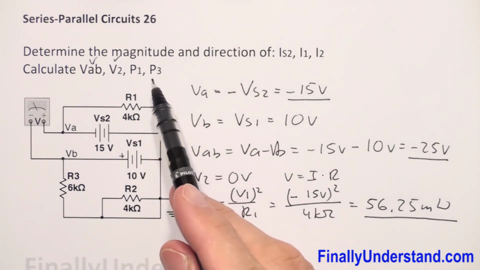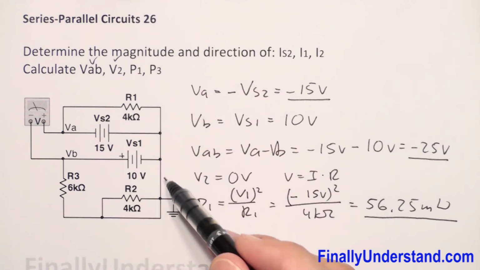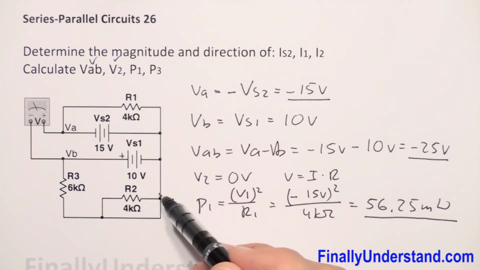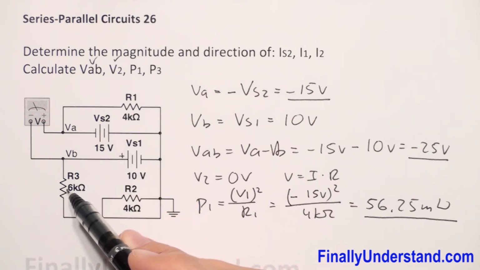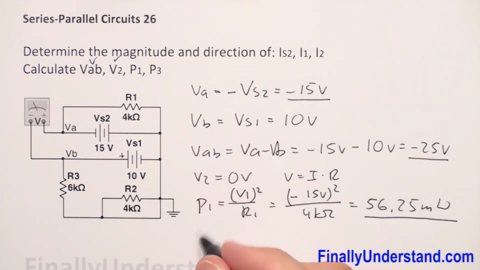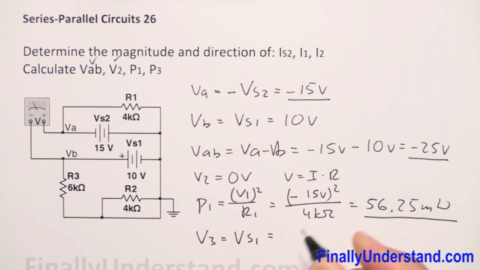Next, I'm supposed to find P3. Keep in mind that this resistor is shorted, so we don't consider this resistor. This voltage source is in parallel with this resistor, so the voltage across this resistor is equal to voltage source 1. V3 is equal to voltage source 1, and this is equal to 10 volts.